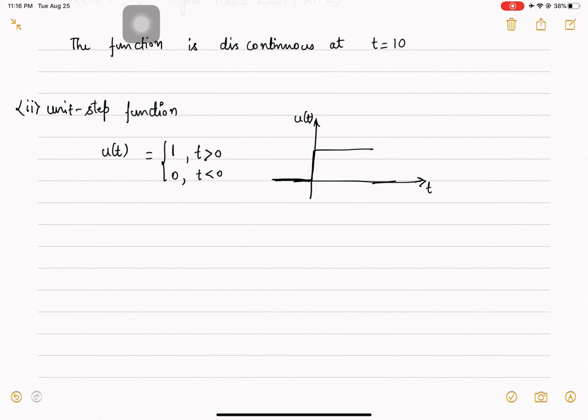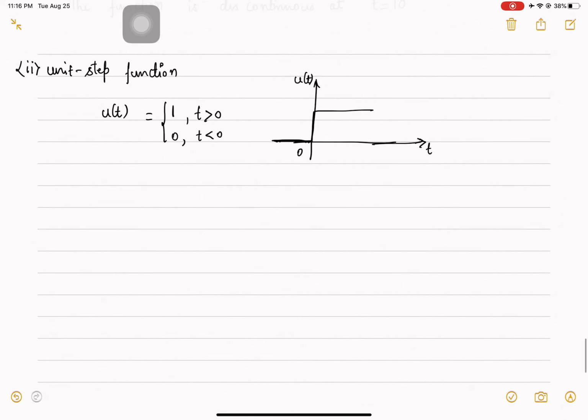So there is no particular value at t equal to 0. We basically say that there is a discontinuity at t equal to 0. This is a unit step function because it has a step here at t equal to 0.